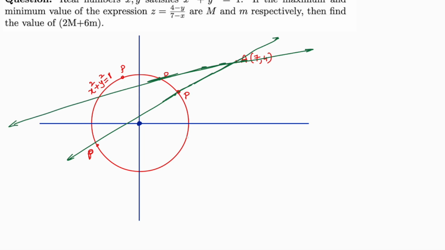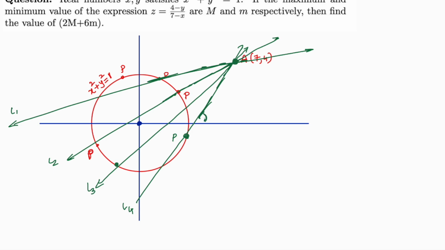Suppose I take P here, then the AP line would be like this. No matter how I take these lines, let me call them line 1, line 2, line 3, line 4. No matter where I take point P, point A is fixed.